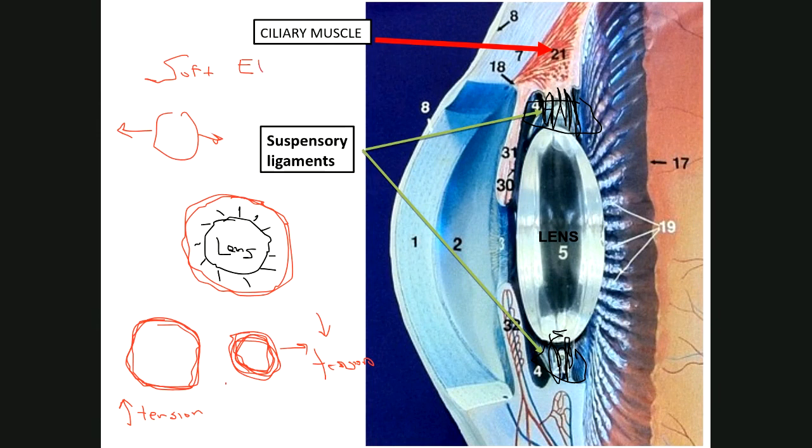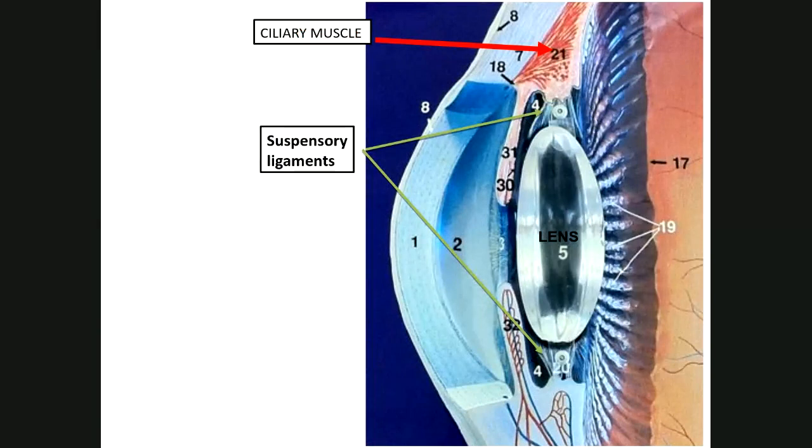Then it's going to go back to whatever shape it was. And so what happens with this muscle is it changes the shape of the lens. Here's my lens. Lens is kind of a sphere like this, but remember it's soft and elastic.